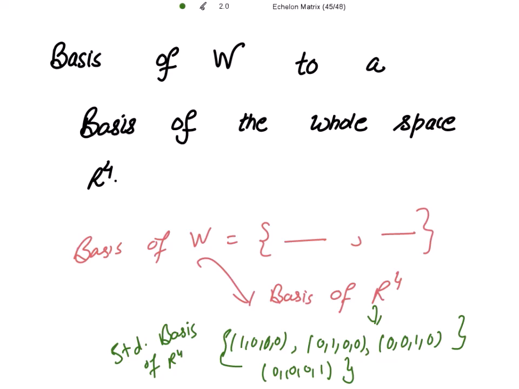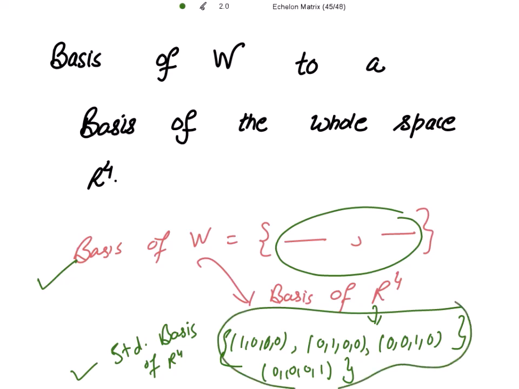So we have the basis for W, and also the standard basis for R4. Together these vectors form the generating set of R4, or we can say they are the generators for R4. So there are a total of 6 elements, the standard basis vectors and the 2 basis vectors of W, right?